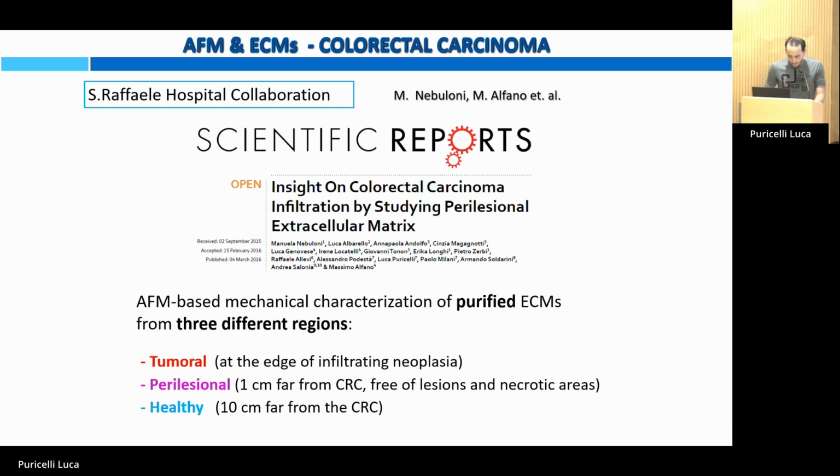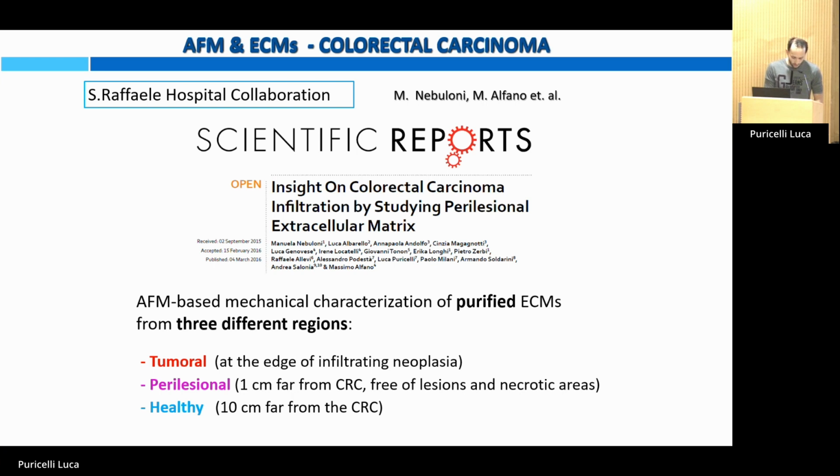Another example of application of this protocol is the measurement of mechanical properties of extracellular matrices, in the framework of a collaboration we did with San Raffaele Hospital in Milan. They provided us with samples from donors related to colorectal carcinoma.